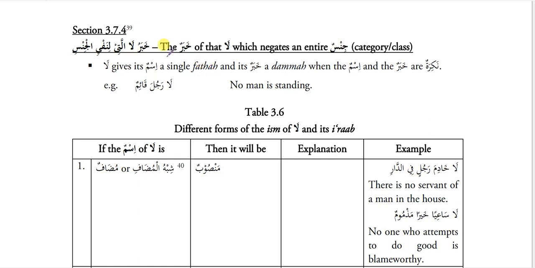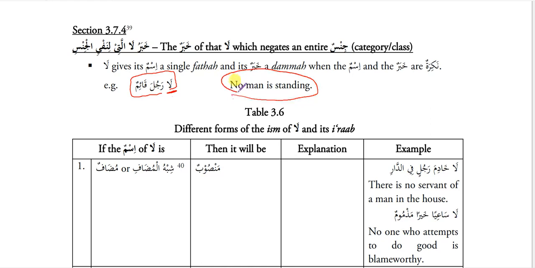Then we have khabar la allati li nafy al-jins. This one is a little bit difficult, and it is actually widely used in the Arabic language. This la is used to deny the category and class of everything. For example, when I say la rajula qa'imun, it means no man is standing. It means there is not a single man who is standing.